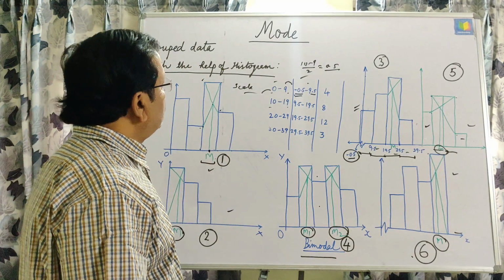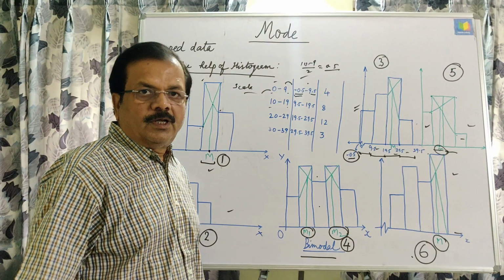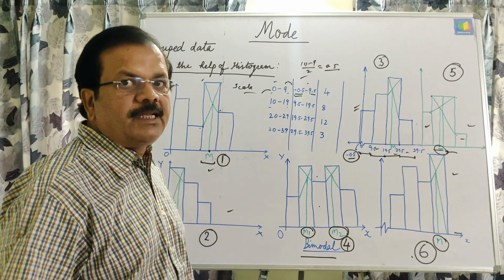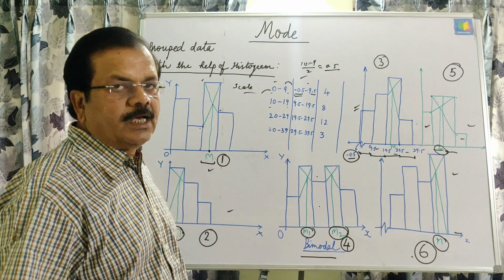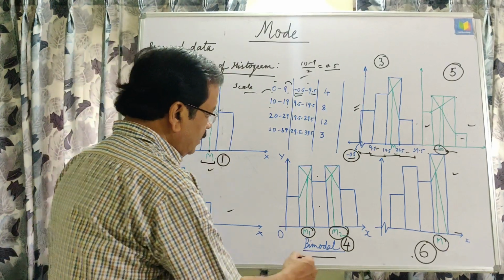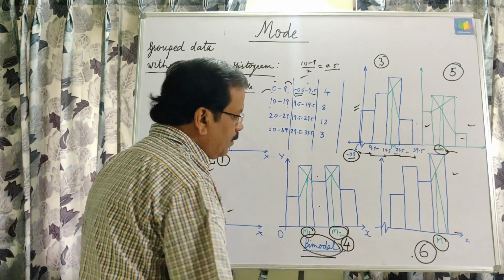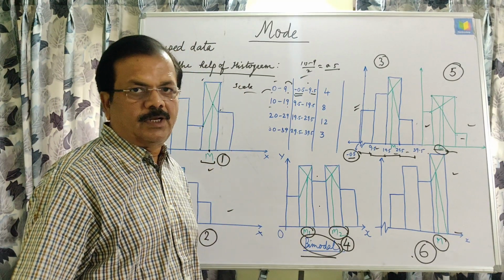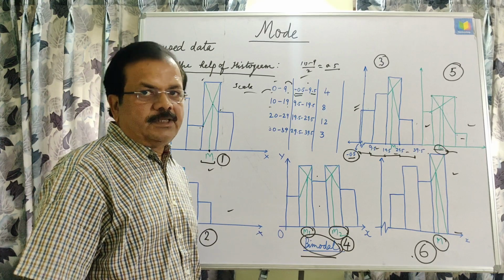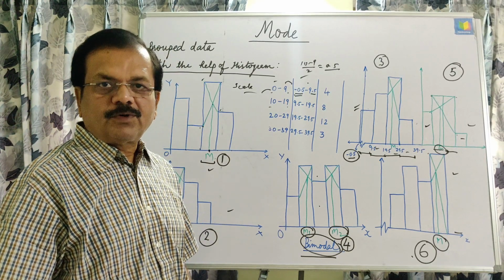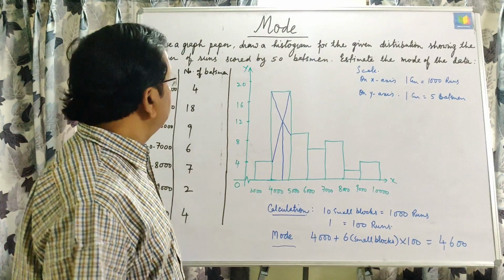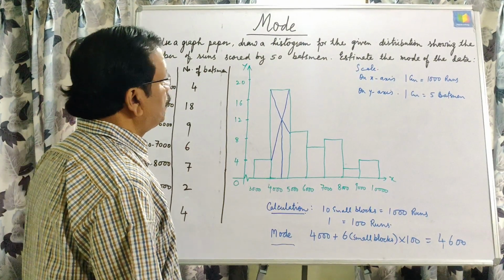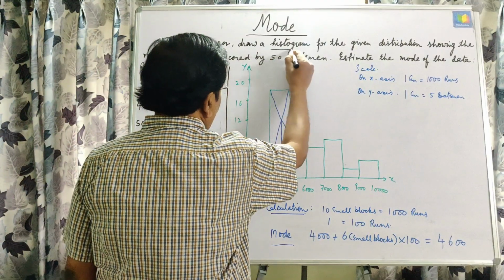With the help of this we can find the mode, but we shall study the problems based on a single mode, okay, in which we'll get only a single mode, not bimodal, trimodal or multimodal. Okay, now this will be more and more clear with the questions. Now questions. In this question, use a graph paper, draw a histogram.